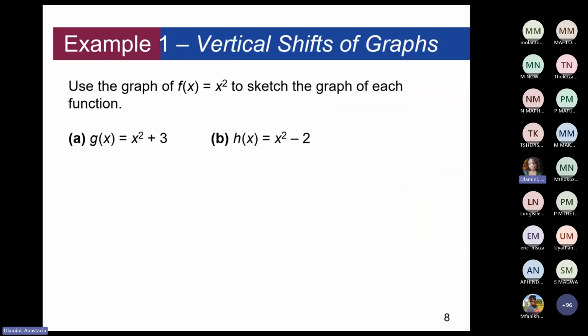Now they say, look at this graph of y equals x squared to sketch the graph of each function. Right? So now, this graph, do we know how f of x looks like? f of x is equal to x squared. Do you know how it looks like? Now, be careful. Listen to this.